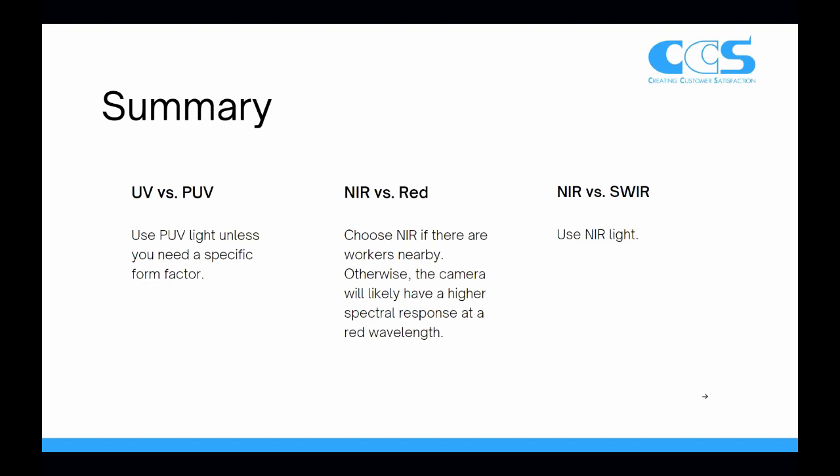Otherwise, the camera will have a higher spectral response at the red wavelength. So if there's no operator around that might get in the way, then I would select red. And if you have the option of using NIR versus SWIR, just save yourself the money and get an IR light with a standard camera, and don't try to get a SWIR light and a SWIR camera unless you really have to.